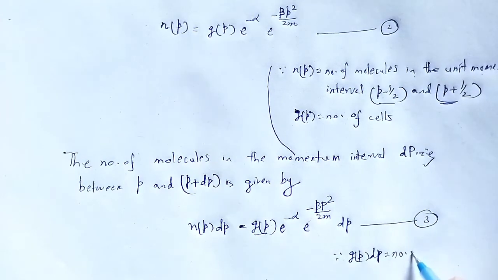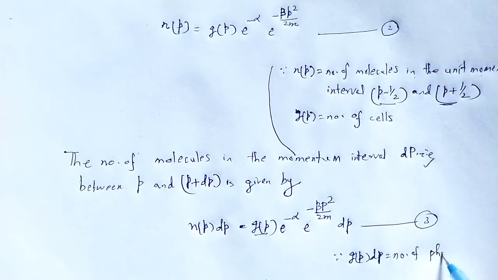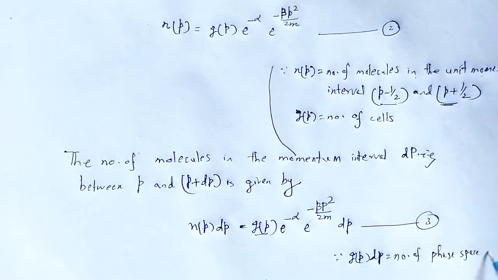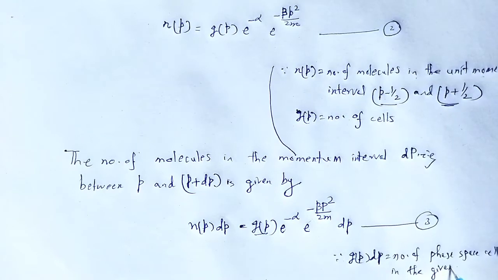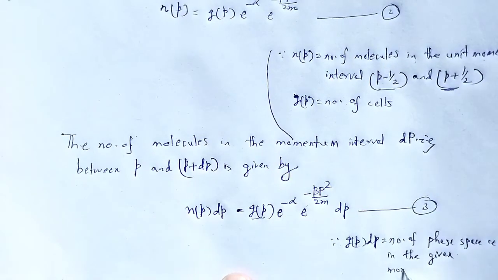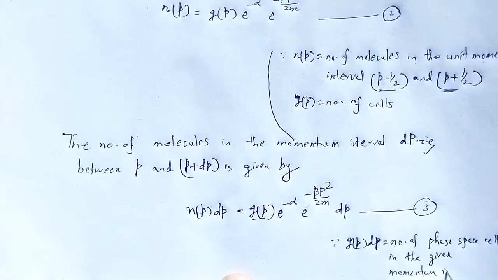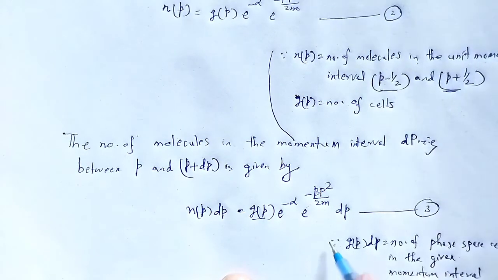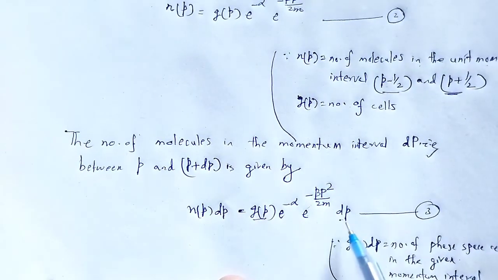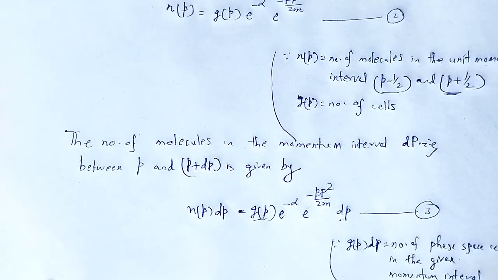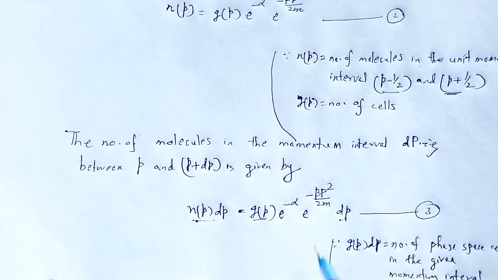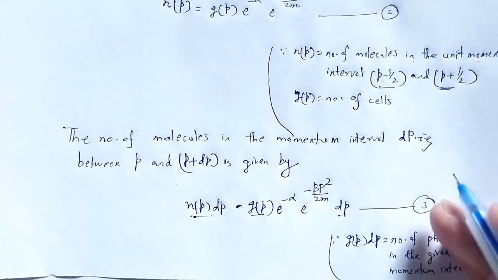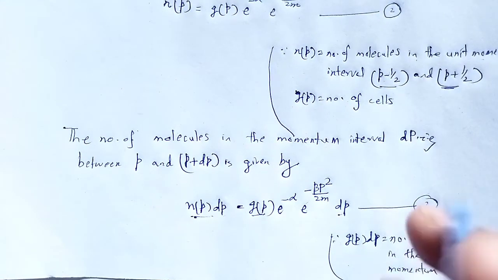Np dp is the number of molecules in the momentum interval dp, and G p dp is the number of phase space cells in the momentum interval dp.